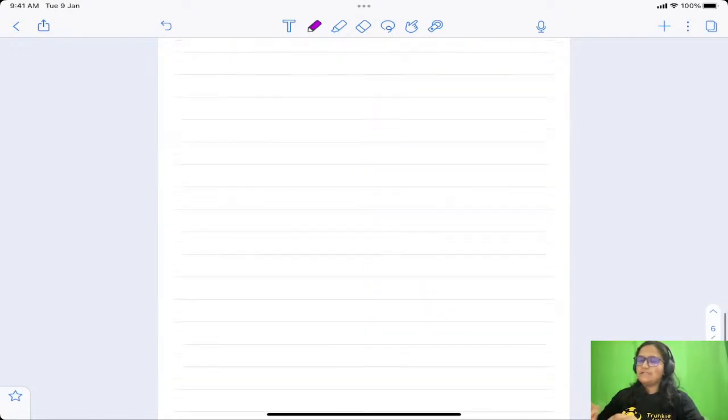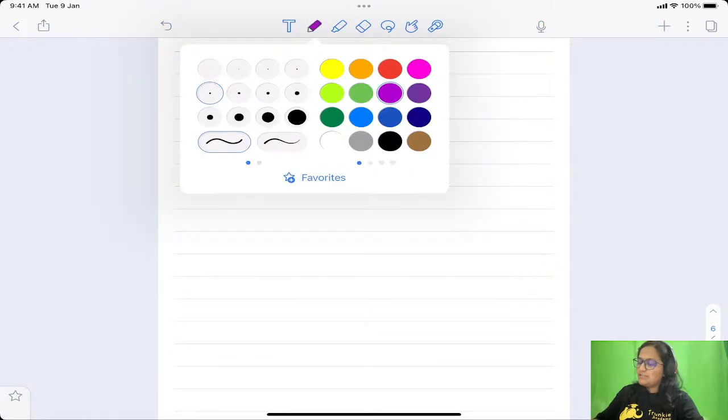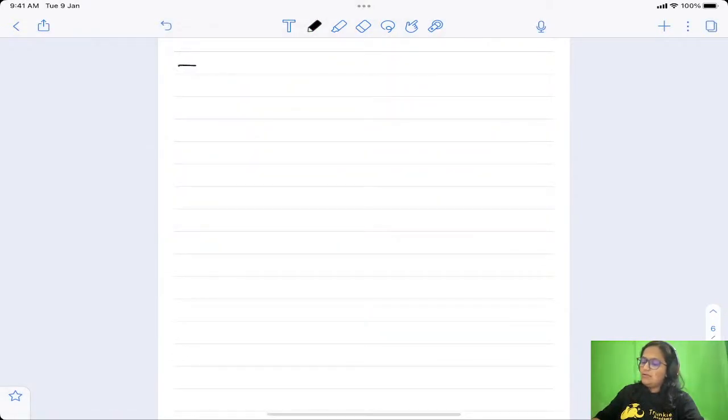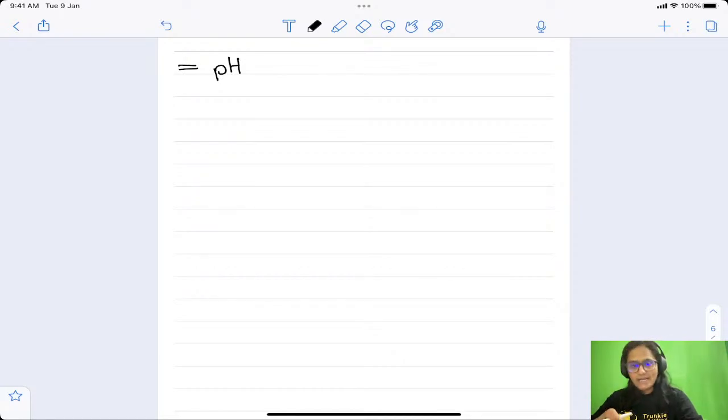Now we are going to discuss the next concept from this chapter, and that is about the pH. Let us see what is pH. pH is nothing but the way to express the concentration of acid or base. pH gives you the idea about the concentration of acid or base.